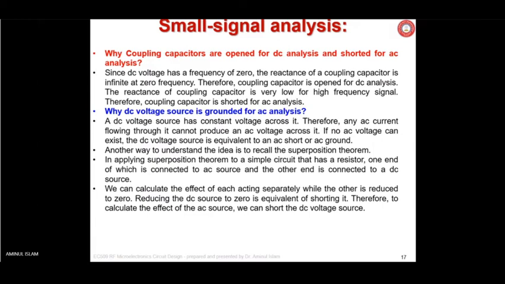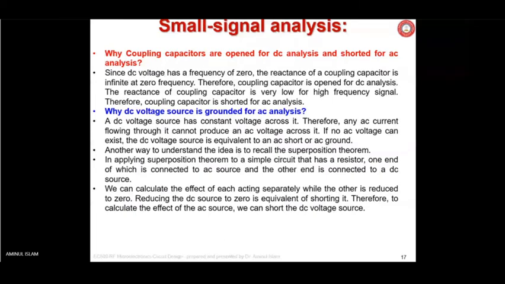It was known to you that at very low frequency, a capacitance offers a very high resistance. Zero frequency means infinite. It is known to you or not? Yes, sir, it was known.